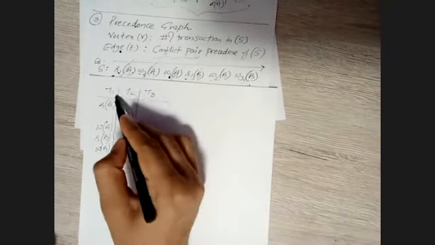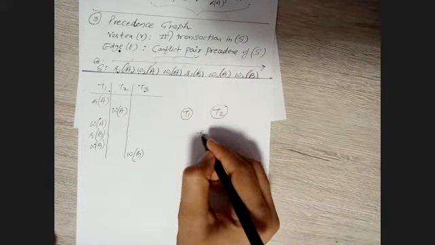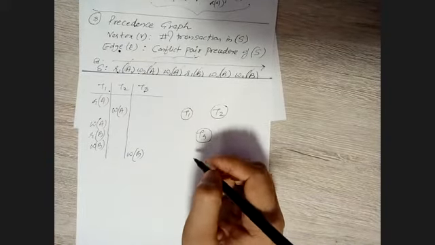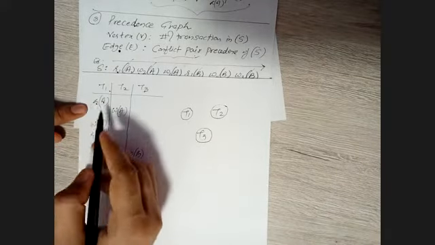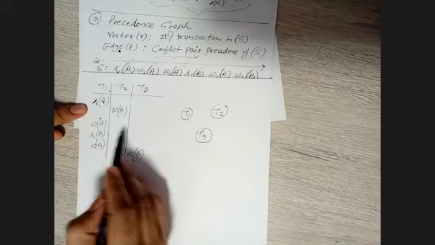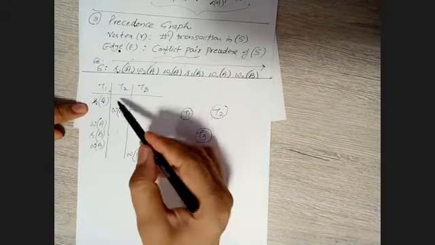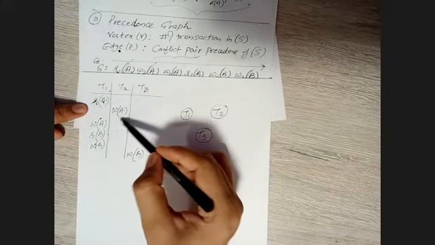How many transactions? Three transactions: T1, T2, T3. Now start. R of A: you need to look for the conflict pair for this read, that is a write of A, but not from T1, from T2 or T3. So the conflict is WA. Check: yes, it is there.